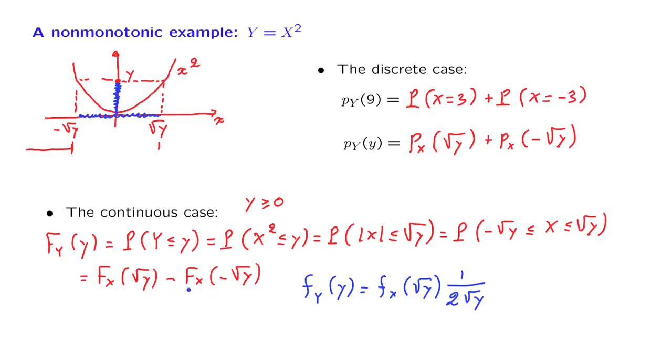And then we need the derivative of the second term. We have a minus sign, then the derivative of the CDF, which is the PDF, evaluated at minus square root of y, and then the derivative of this argument with respect to y, which is minus 1 over 2 square root of y.